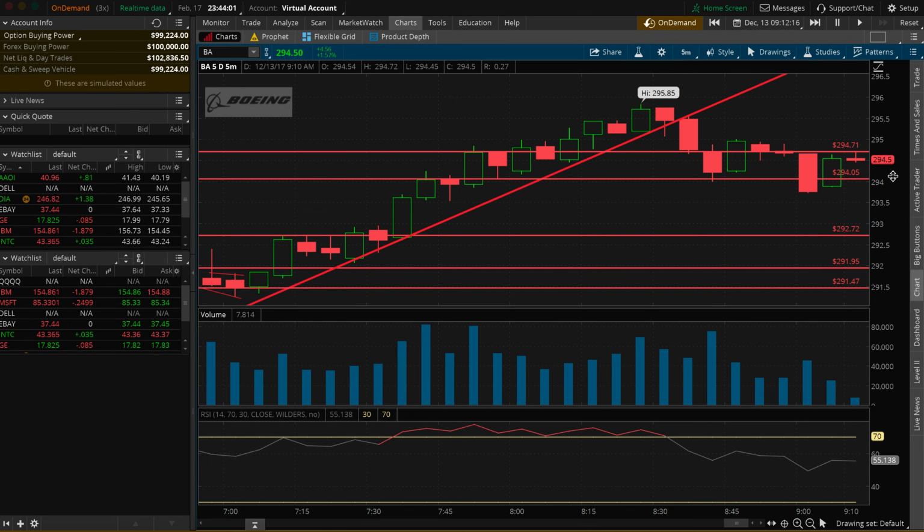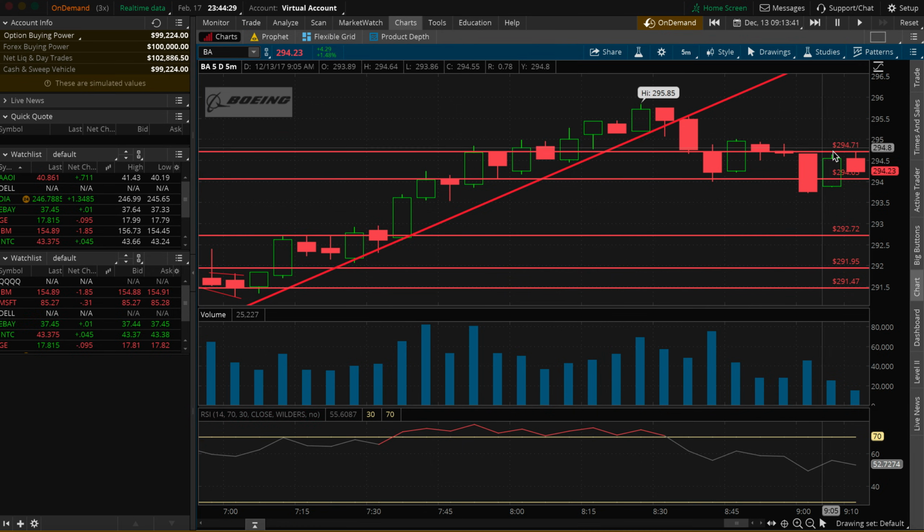Finding weakness at that resistance. Now, unless we get a major push up, we're not revisiting this trend line. So this is long gone.